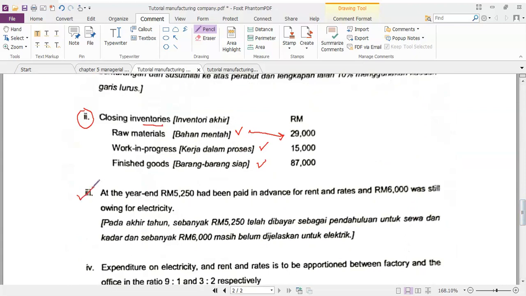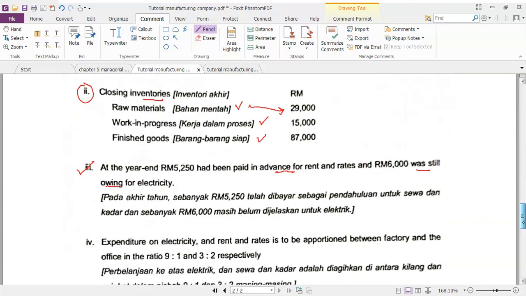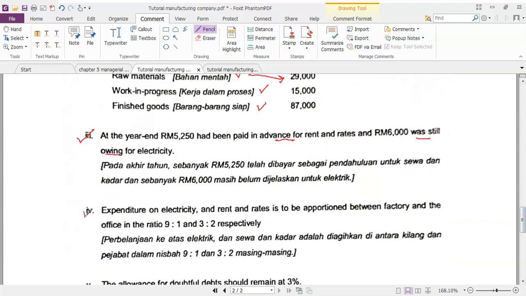So additional information number 3, later on we will discuss where there is an advance for rent and wage, and also amount of expenses electricity that is still owing. What is meant by accrual and also prepayment? Same goes for number 4, there is a portion between the factory and also office.